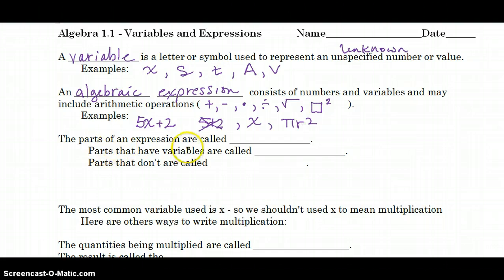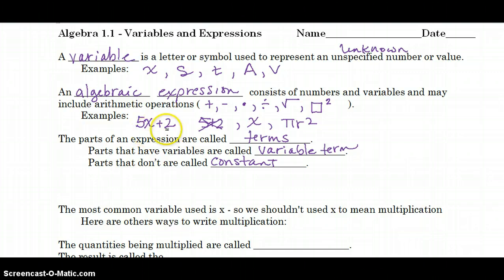So the parts of an expression are called the terms. And the parts that have variables are called the variable terms. It's kind of obvious. And the parts that don't are our constants. In other words, x could change. In this problem, x could be a number of things like 5 or 7 or 10 or 1,000.